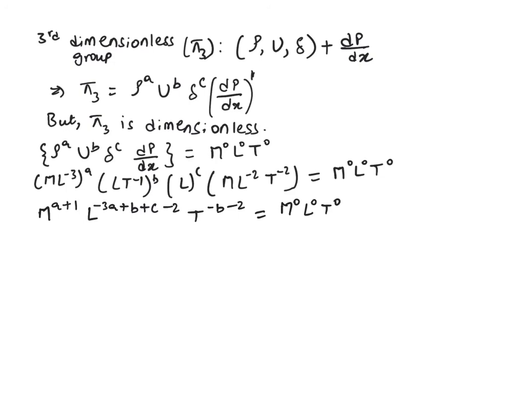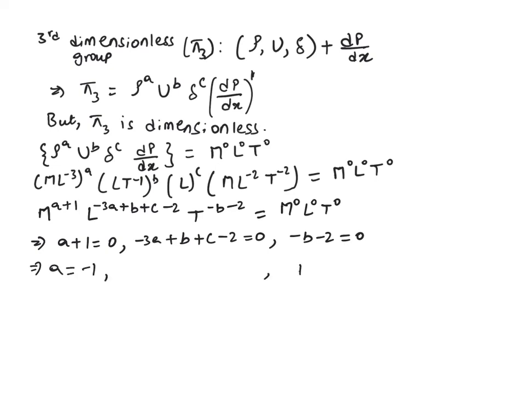So from this, when we are equating, we get a plus 1 is equals to 0, minus 3a plus b plus c minus 2 is equals to 0, minus b minus 2 is equals to 0, which implies a is equals to minus 1, b will be equals to minus 2.